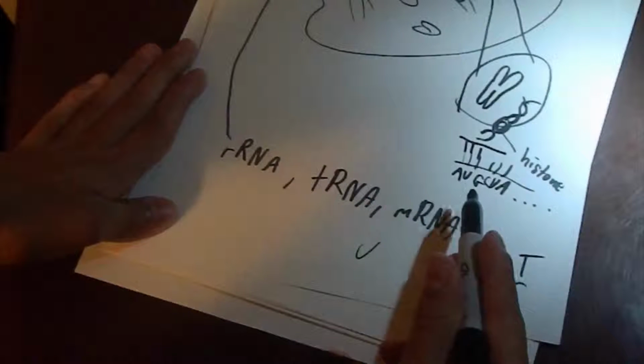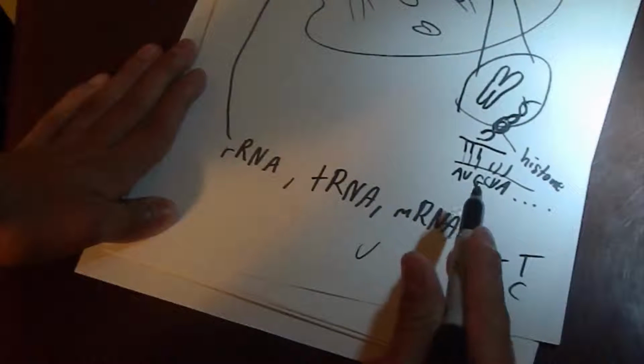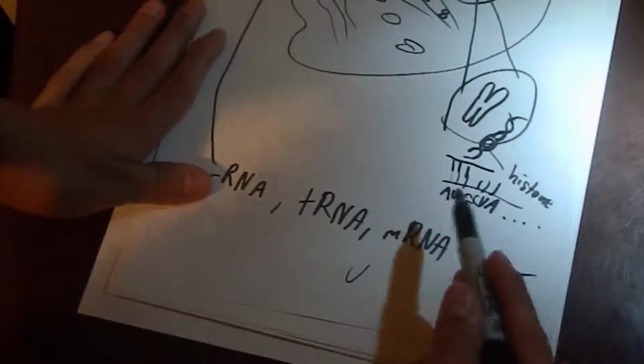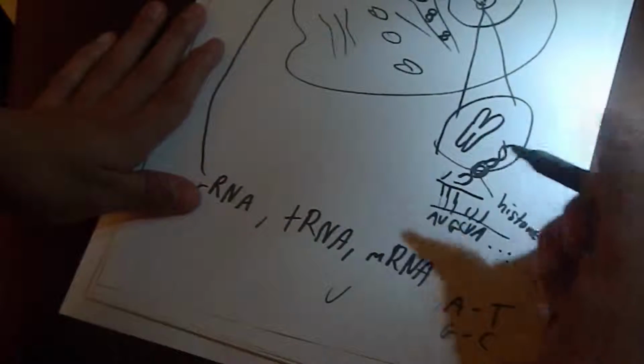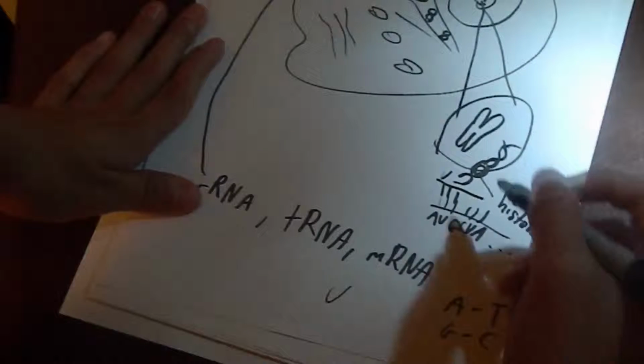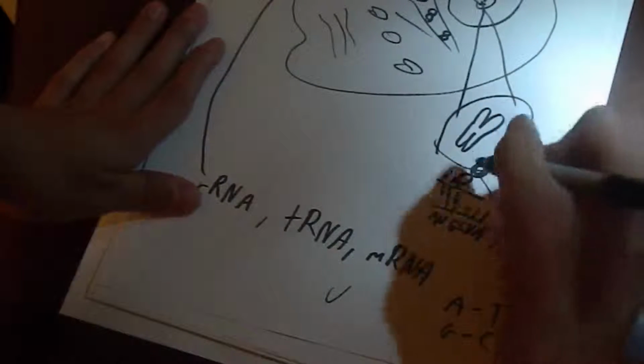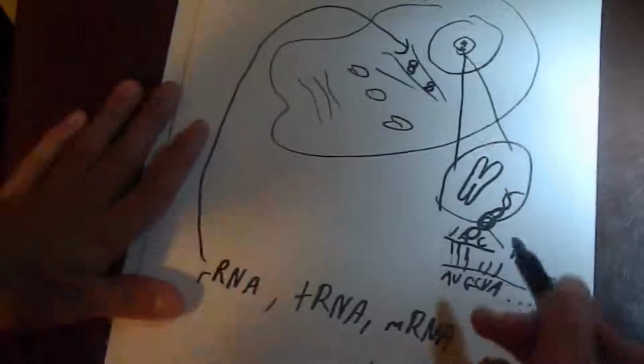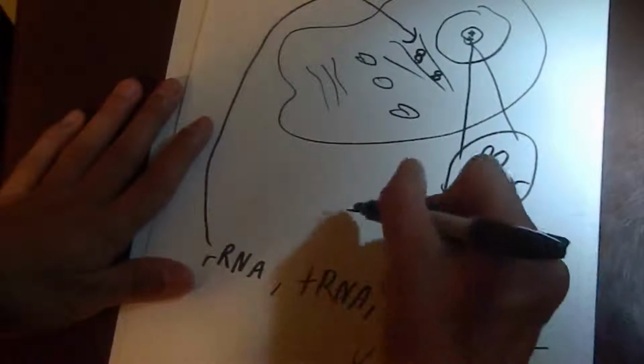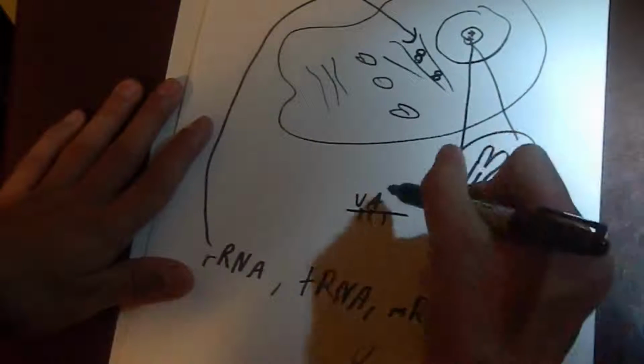So the U stands for uracil, A stands for adenine, G stands for guanine, C stands for cytosine. Now, A will always bind with uracil, so we're going to put uracil on top, and then uracil always binds with A, and then G right here, that always binds with cytosine. So we have an mRNA with 3 things that start with U, A, and C.